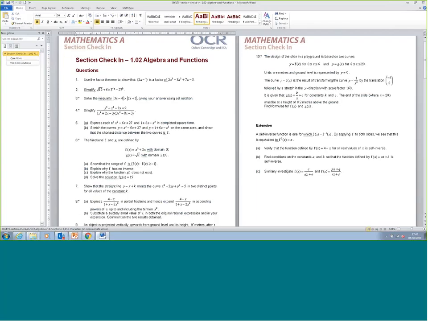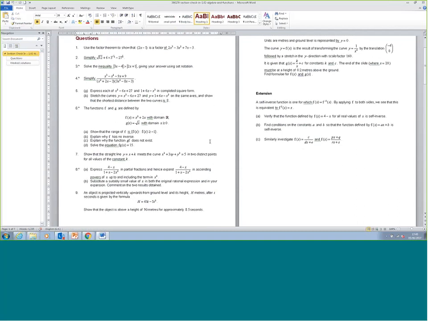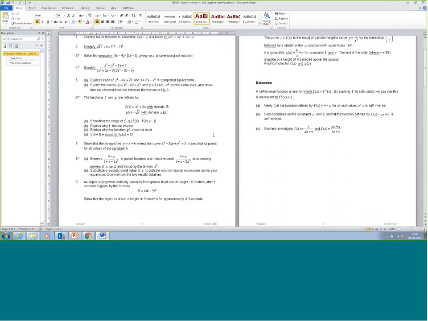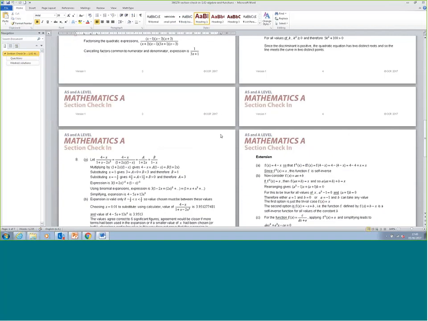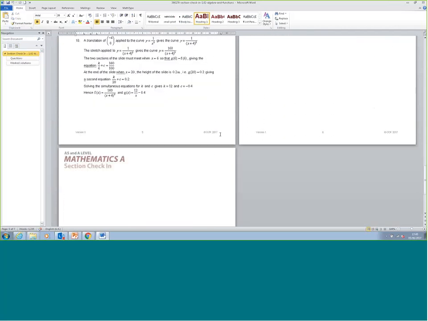So we've got 10 questions, a range of AO criteria assessed, and then there's an extension question, so you can get students really doing some problem solving and taking the content past just the basic content requirements. There's worked solutions, and also some suggestions for the extension task.